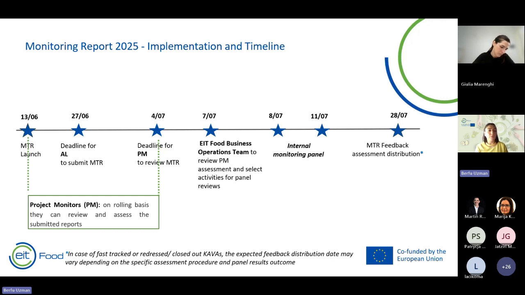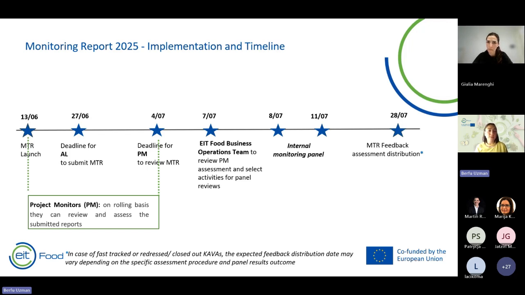On 7th of July, the EIT Food Business Operations team will review the assessments from the project monitors, and there will be a selection process for the upcoming panel that we call the internal monitoring panel, which will take place between 8th and 11th. We will explain more details about the panel at the end of the presentation.